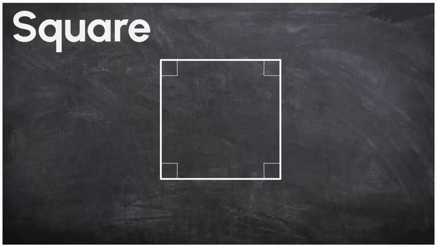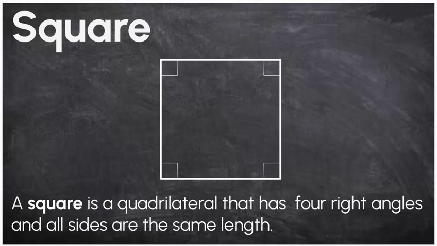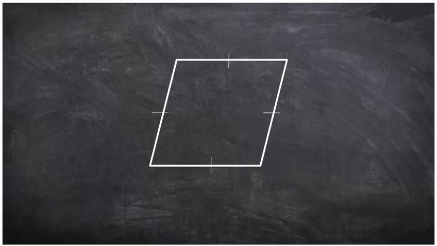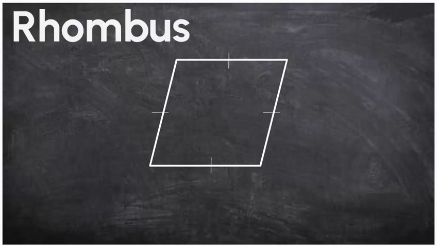Square. What are the characteristics of a square? A square is a quadrilateral that has four right angles and all sides are the same length. Rhombus.